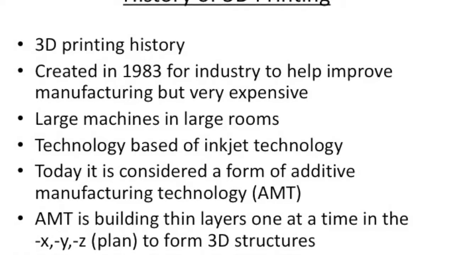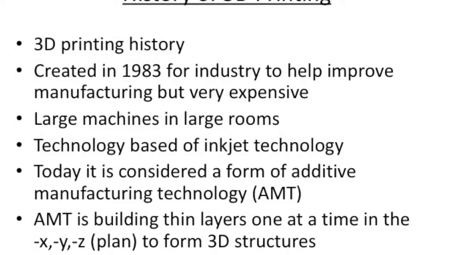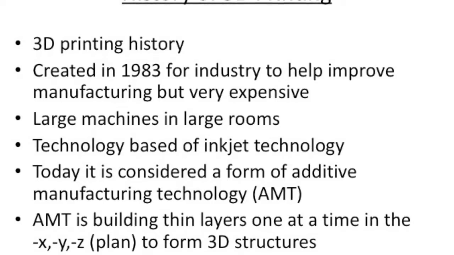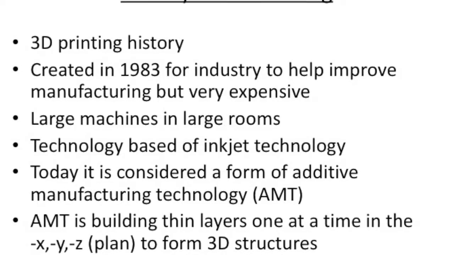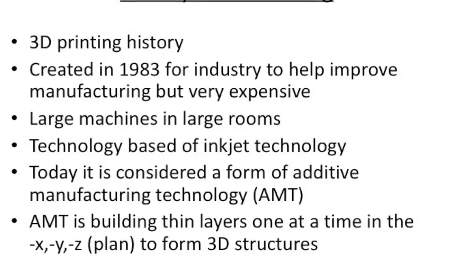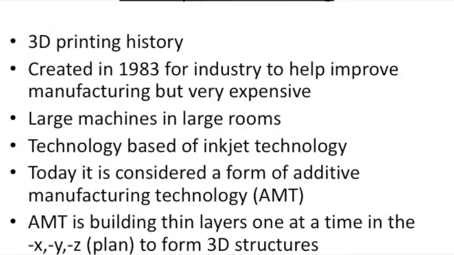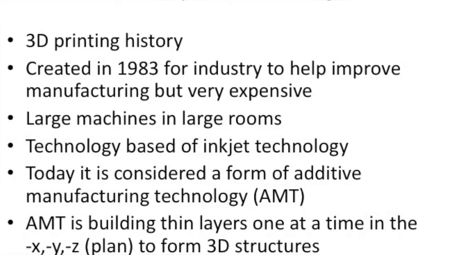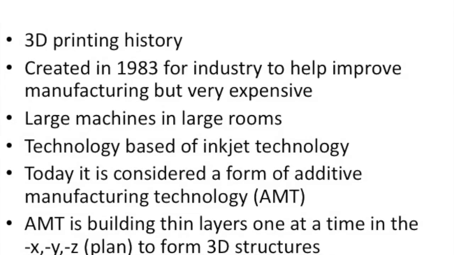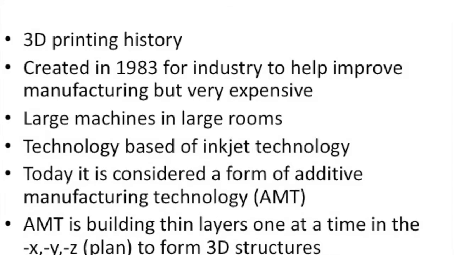There was also technology that was used for inkjet cartridges that started out being able to print things in 3 dimensions using certain printer cartridges. Today, this technology has been coined the name additive manufacturing technology, or AMT.